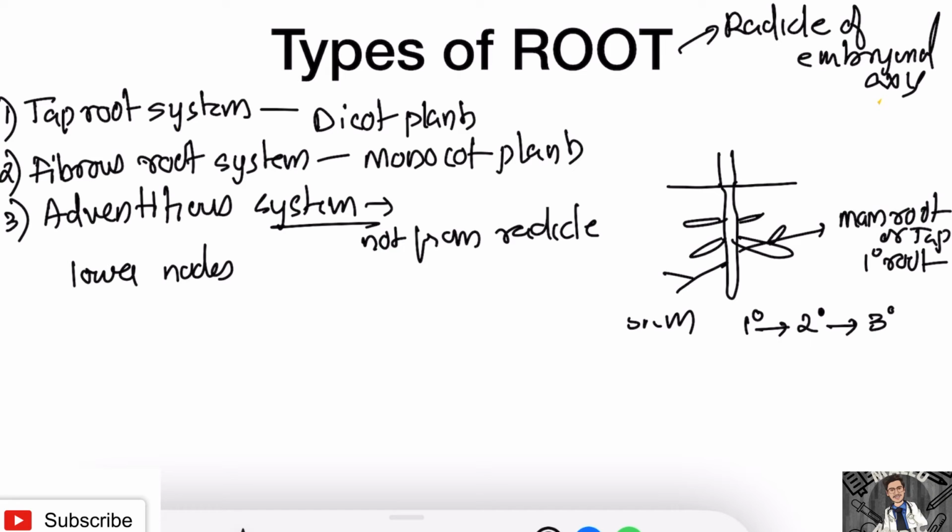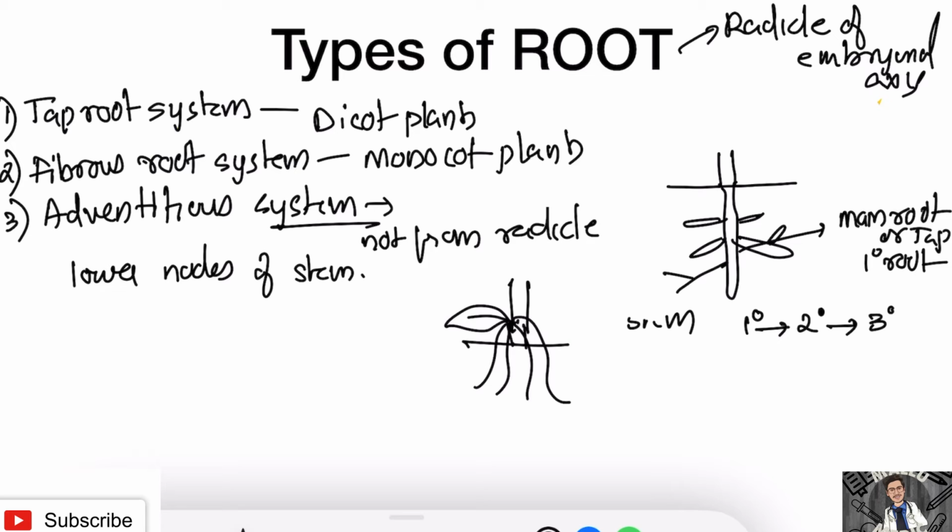Don't worry about what are nodes. I'll teach you regarding this when we learn the shoot system. Actually, nodes of stem are places where the leaves arise from the stem. So if roots arise from this place, what do we call them? We call them adventitious root system, because the roots are meant to arise from the base of the stem or from the radicle of embryonal axis. Here it develops from anywhere other than this place.